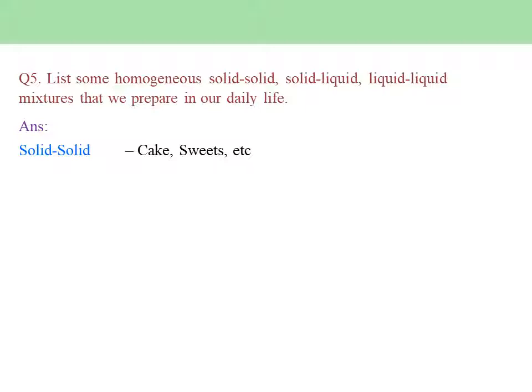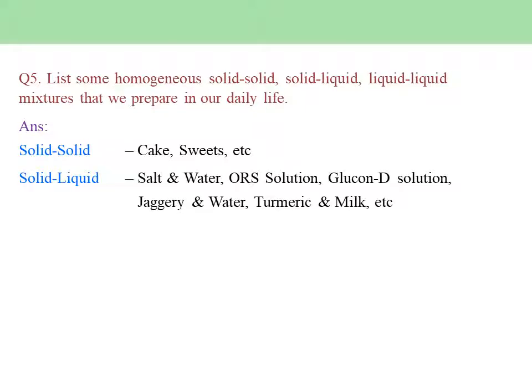The next is solid-liquid: salt and water, ORS solution, glucose dissolution, jaggery and water, turmeric and milk. So these are basically homogeneous. Now, with turmeric, on certain occasions, you will find that turmeric is getting beautifully blended within the milk, and sometimes you may also see that some residue of the turmeric remains.